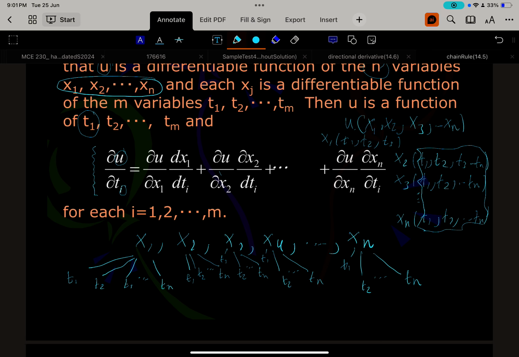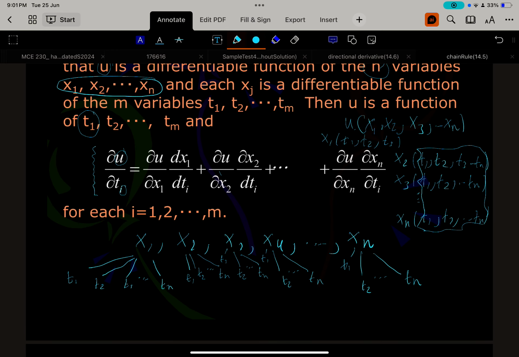Then we go to the second variable: u with respect to x2, and then x2 with respect to t. Let's say for our example we want t2. So here we take x1 with respect to t2, and then x2 with respect to t2, and so on until xn with respect to t2, still t2.